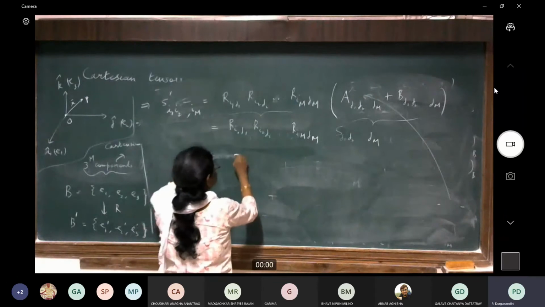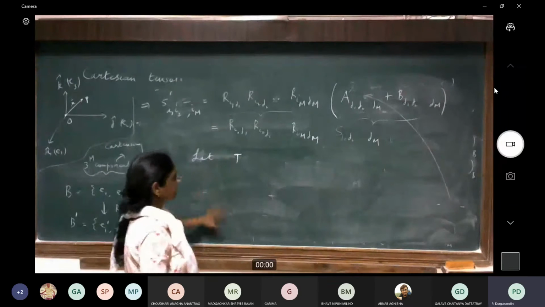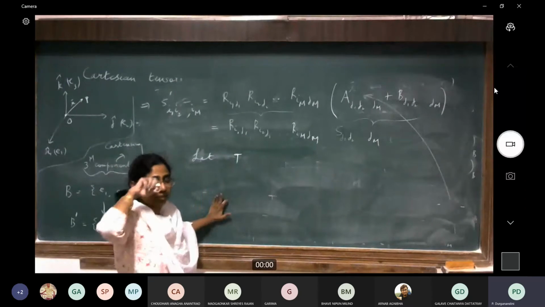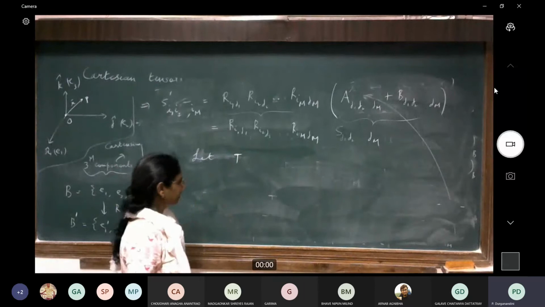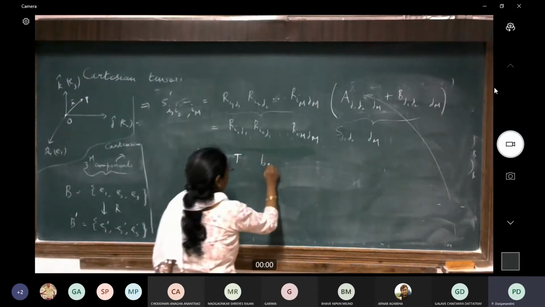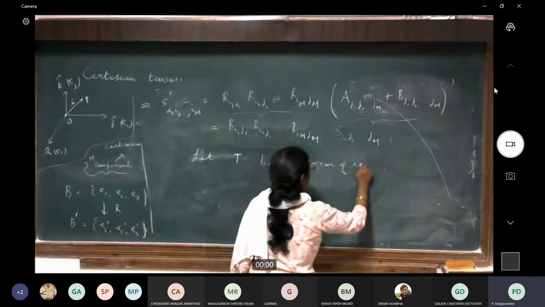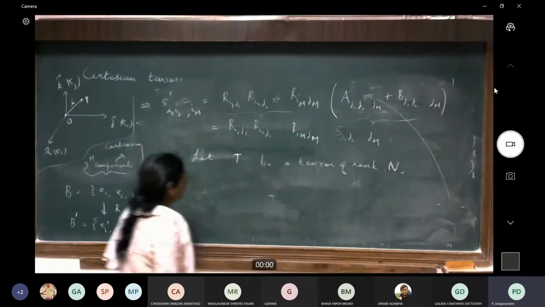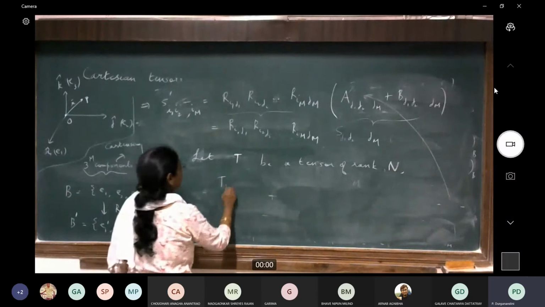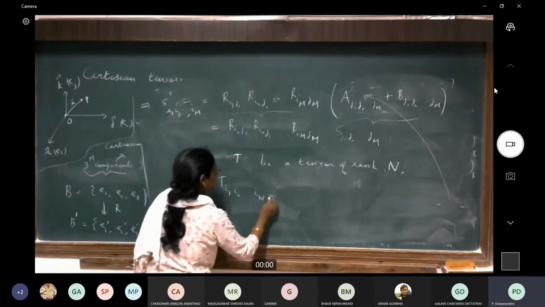Sometimes I will just use T without specifying the components for defining a tensor, just like we use U without specifying U1, U2, U3 for describing a vector. So I will use this notation T for describing a tensor. Let T be a tensor of rank n. What this means is that I have 3 to the power of n components which can be labeled by these indices.